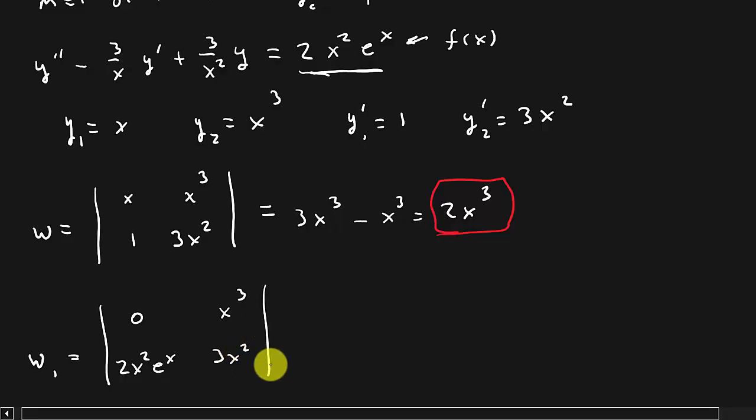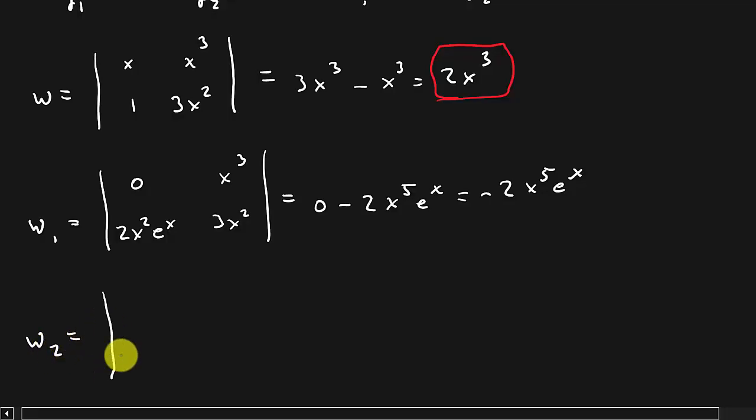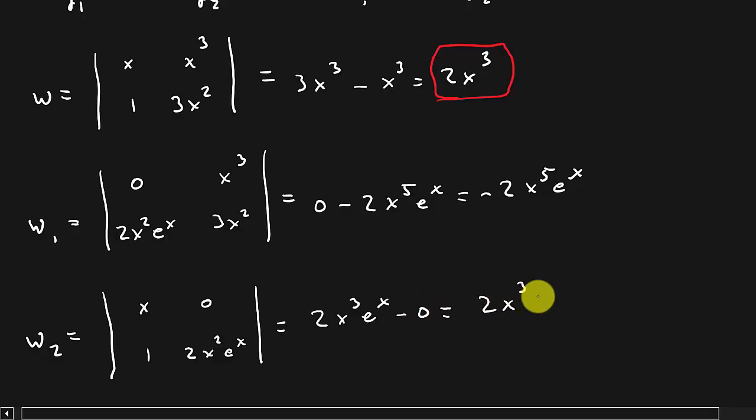So this is going to give us 0 minus 2x to the 5th e to the x, which is negative 2x to the 5th e to the x. And then we need W2. That's going to be the x and the 1, and then we replace this with 0 and f of x. So that's 2x cubed e to the x minus 0, which is just 2x cubed e to the x.